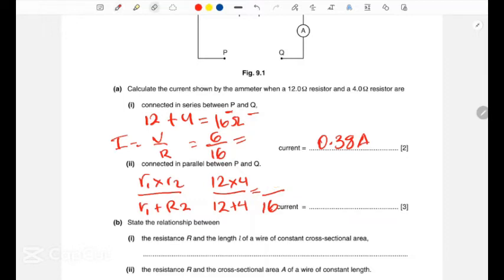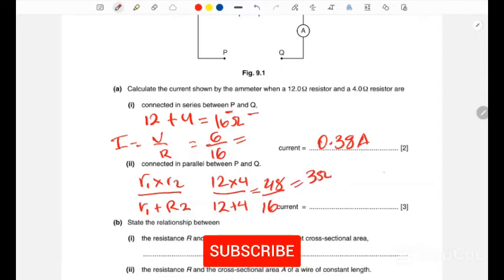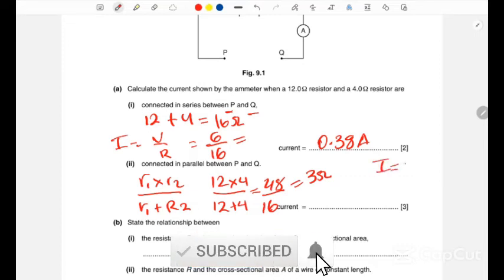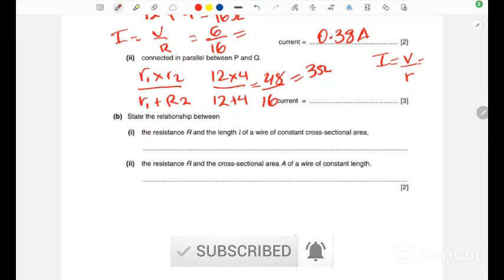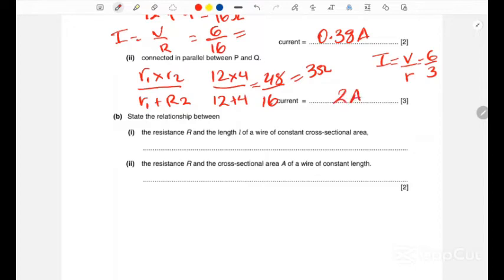Sorry about the mistake. 48. So this would give us 3 ohms. So we still have to use the same formula, I equals V over R. That would give us 6 over 3, which is 2 amps.